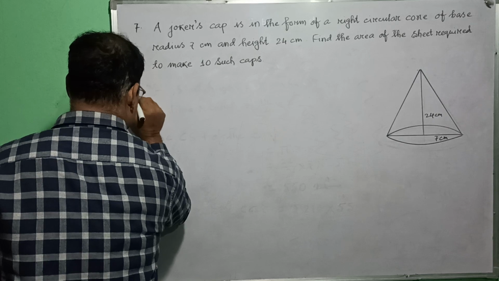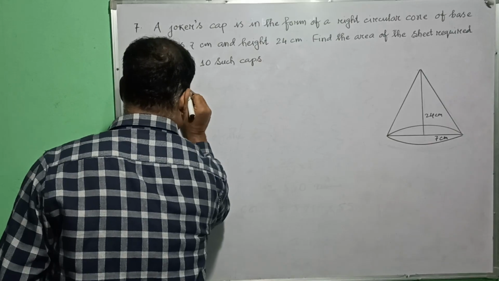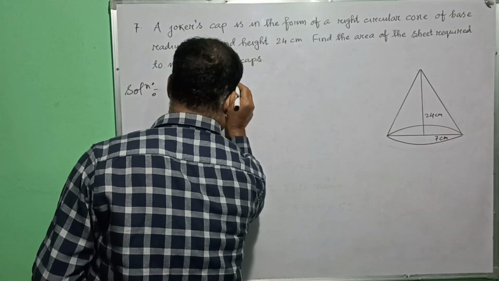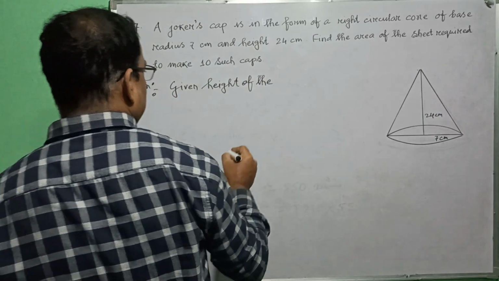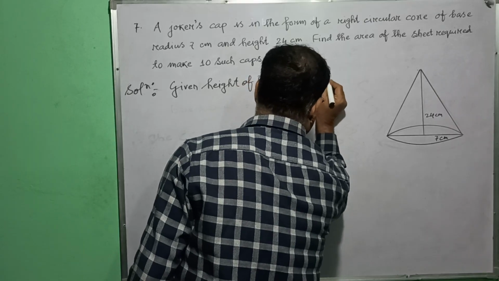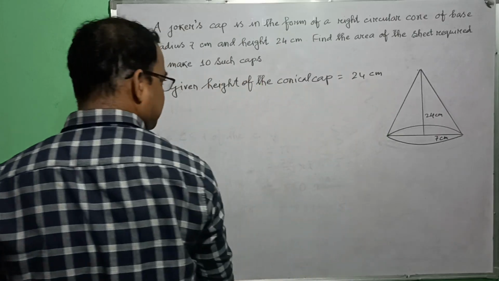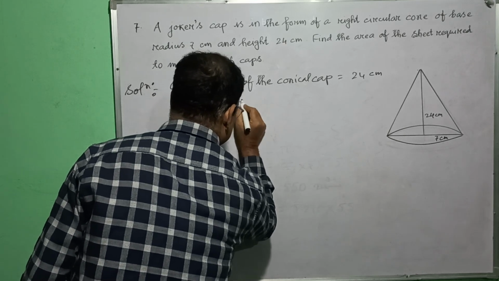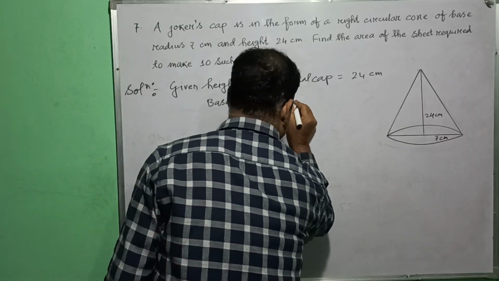So let us start. We can write here given height of the conical cap equal 24 centimeter, base radius equal 7 centimeter.